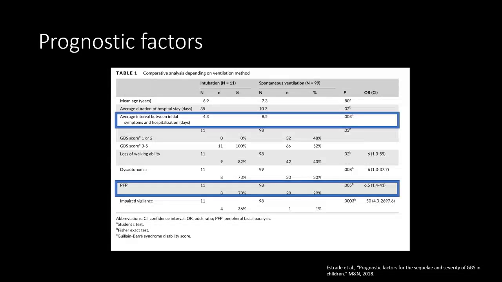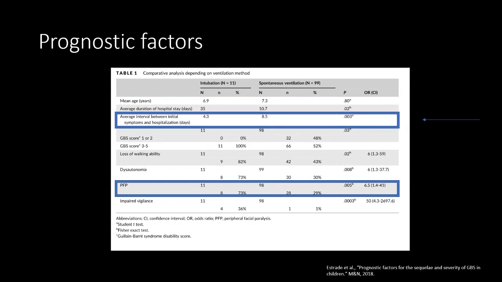And then also impaired vigilance. So they had a couple of patients with Bickerstaff brainstem encephalitis in this series, and those patients did require intubation as well. And then they also looked at all of these factors to see if any of these factors were predictive of long-term outcomes. So after patients were out of the ICU, out of the hospital, did any of these predict recovery?